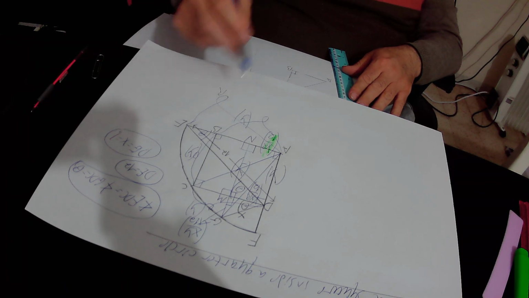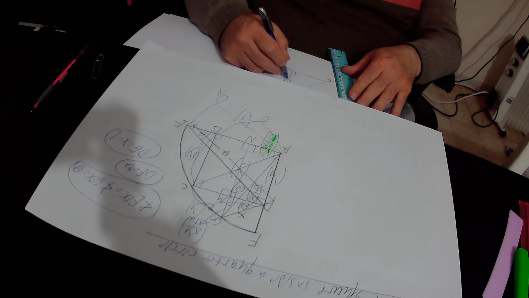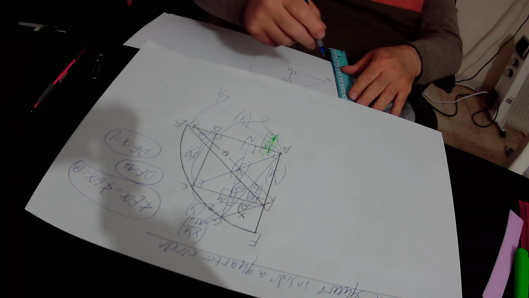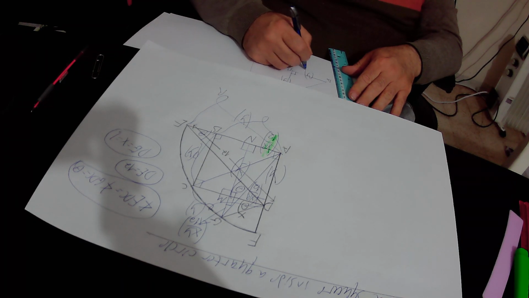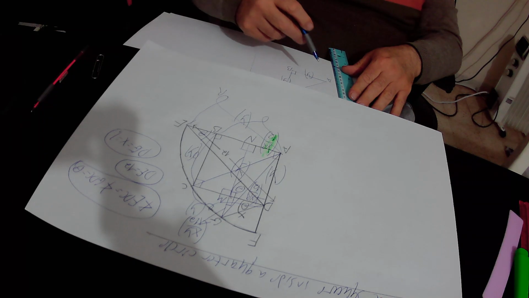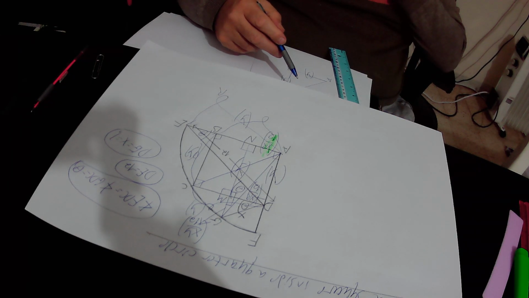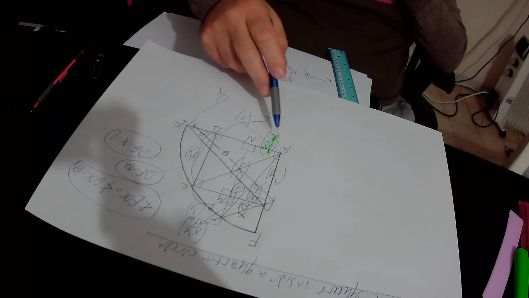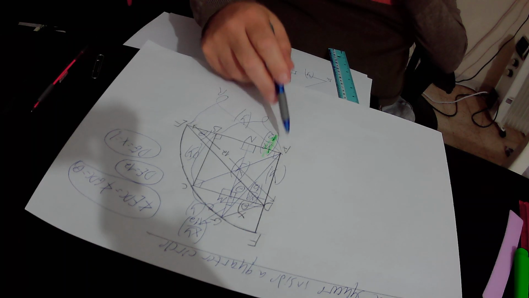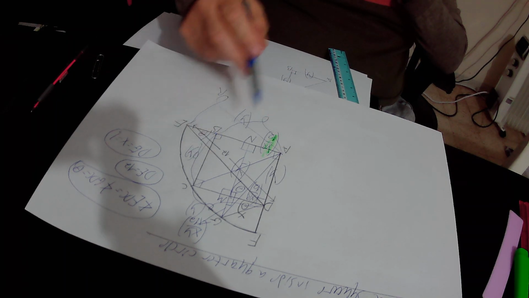Side BC equals y, according to our definition. Side AB also equals y. And the hypotenuse AC is equal to R because it starts from the center of the circle and ends at point C, that is a point of the circle itself.